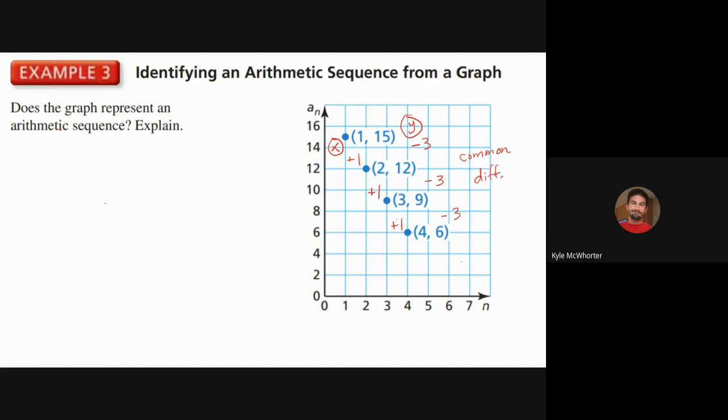We have a common difference of -3. So yes, this graph does represent an arithmetic sequence. Because we have a common difference each time, it does represent an arithmetic sequence.